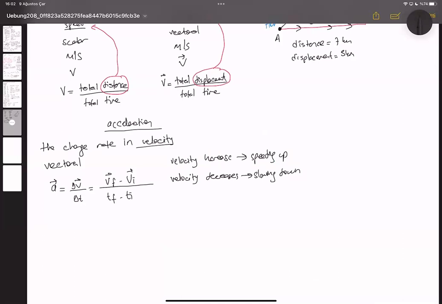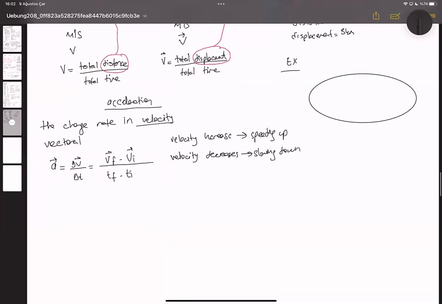For example, you have a running competition and you are starting from a point, also you are finishing at this point.